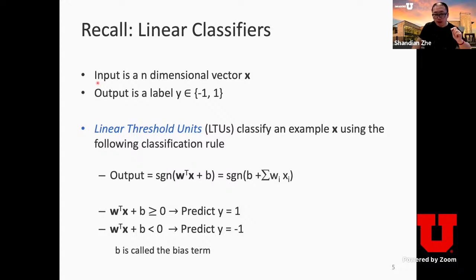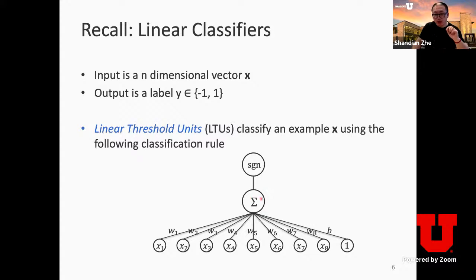Those feature units are amplified by the associated weights and bias, and then collected and transported into this intermediate unit. Inside this intermediate unit, they take the summation over the incoming inputs. So the output of this intermediate unit is a summation over the incoming signals, which are W1 x1, W2 x2, W3 x3, until W8 x8, plus b.